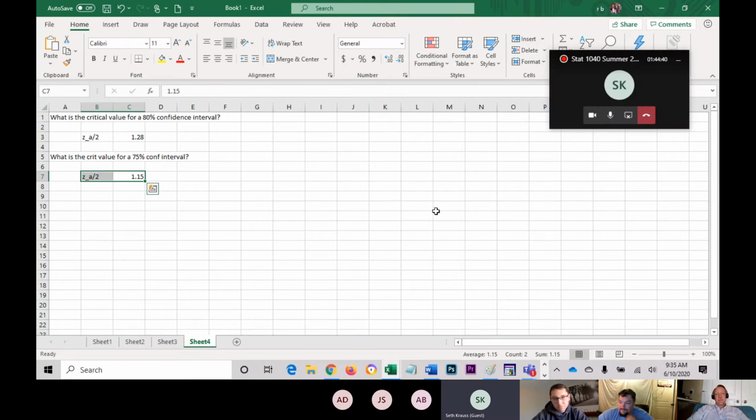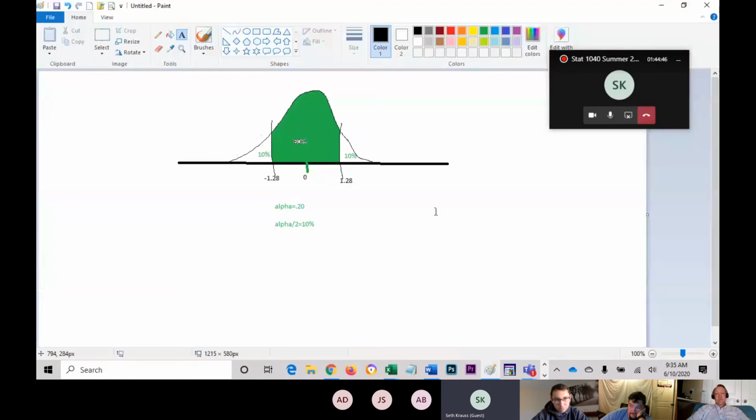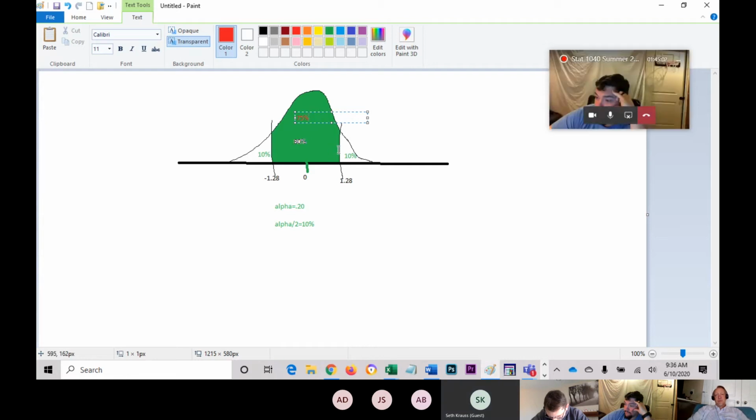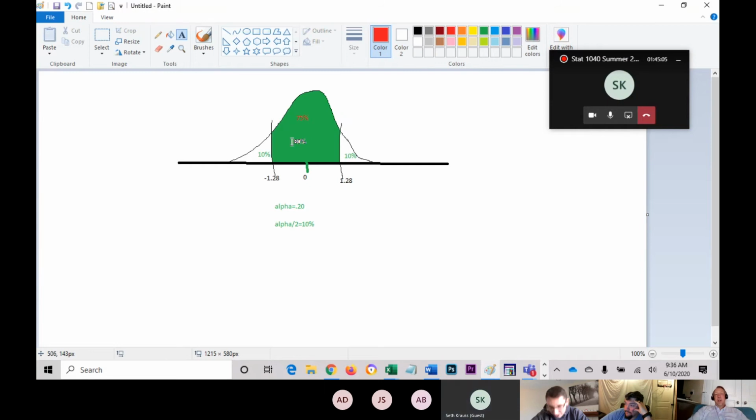Okay, so for 75% confidence, we go on the chart and get our 75 from, that's our margin of error. So I'm going to use the same chart I got before.